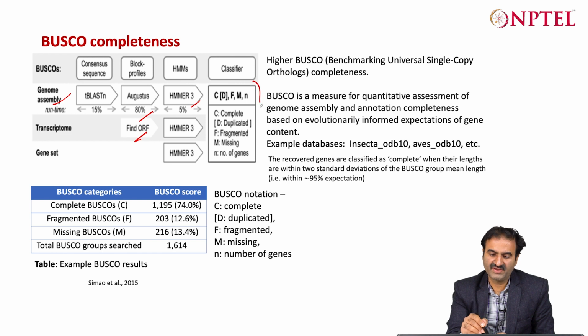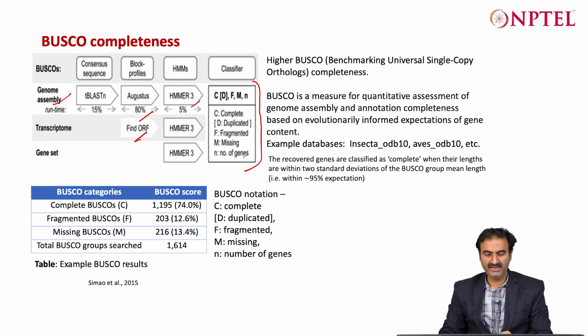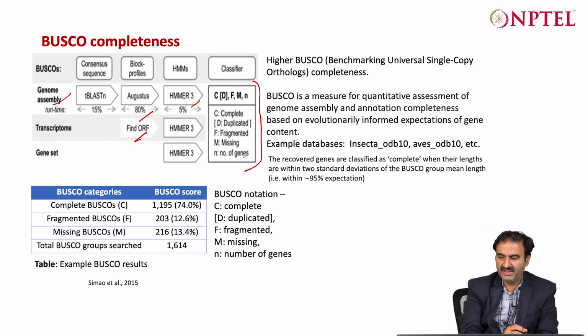And then it will classify the orthologs that it has found in your genome in terms of whether complete ones were found, duplicated ones were found, fragmented ones were there, or they were missing. So for example, in one of the cases it got a complete, or C, BUSCO score of 74. That means 74% of the single-copy orthologs were complete and present in the genome. Fragmented were 12.6%.